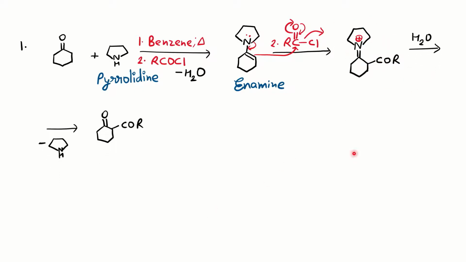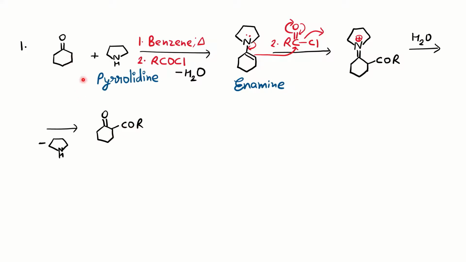We know the second step we have learned in the mechanism is hydrolysis, where you regenerate the secondary amine, and you achieve your final product. If you notice, we started with cyclohexanone, and you got the product alpha substituted cyclohexanone.